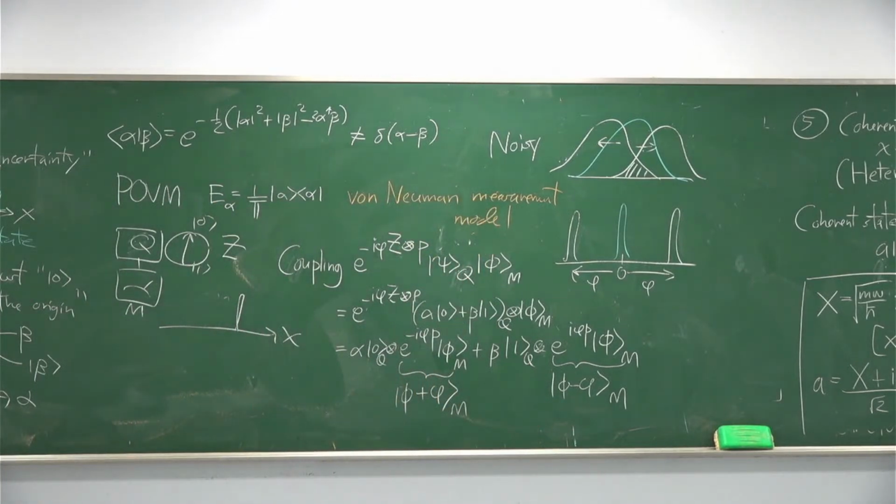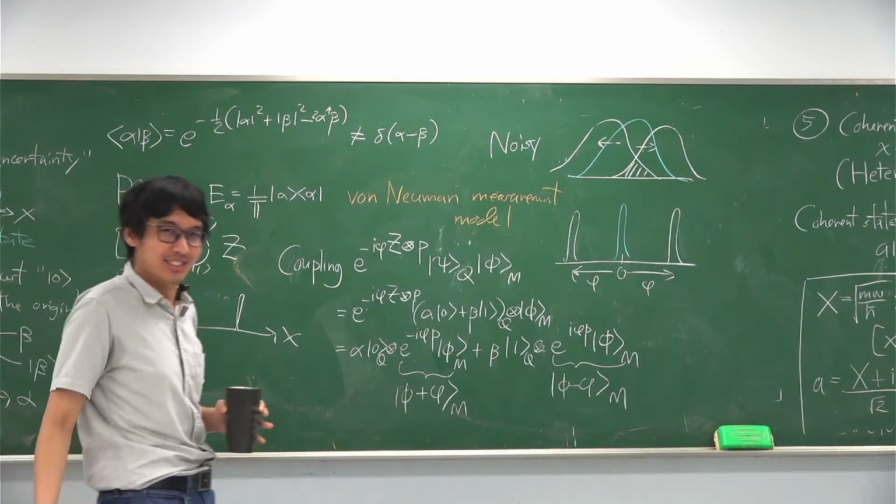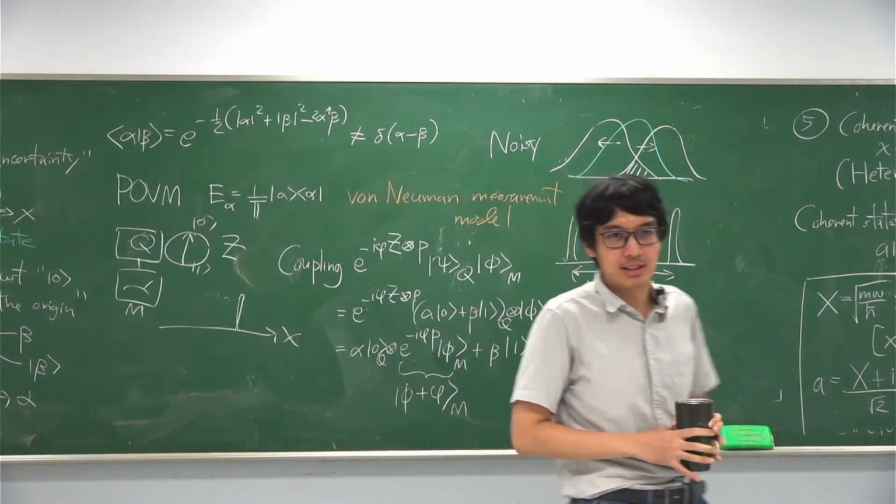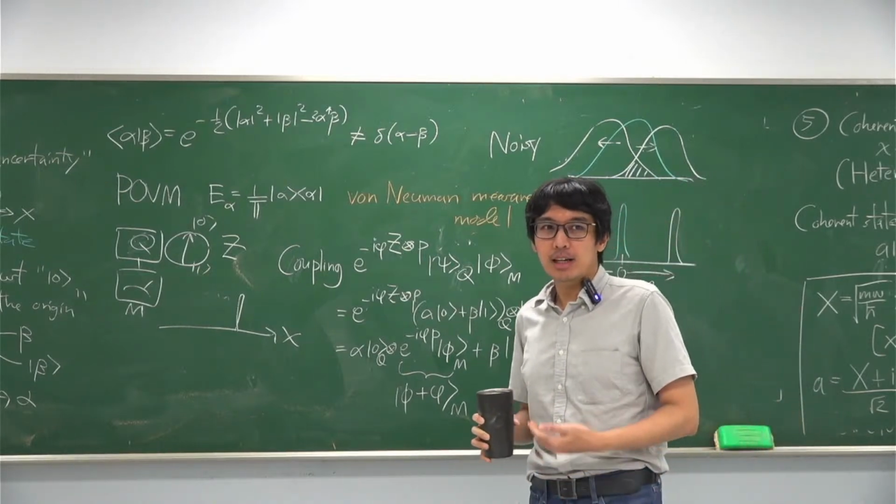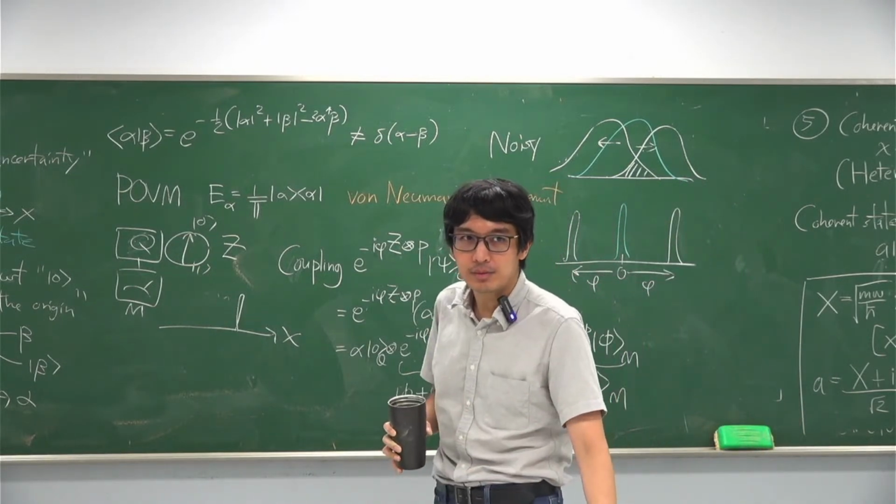If you want to know about making measurements that are continuous in time, you can read this book. You can use stochastic calculus to describe measurements that are extended or continuous in time.